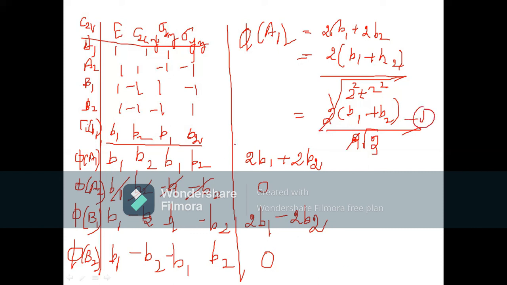Similarly, my phi B1 will be of the form 1 by square root of 2 into B1 minus B2.